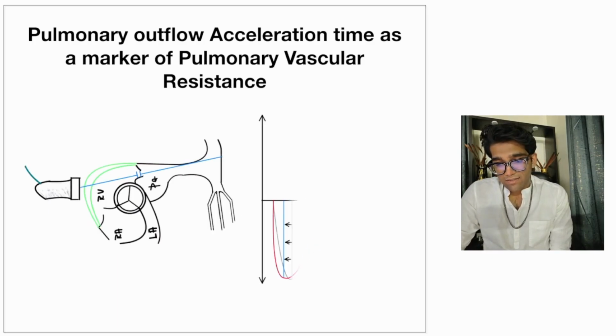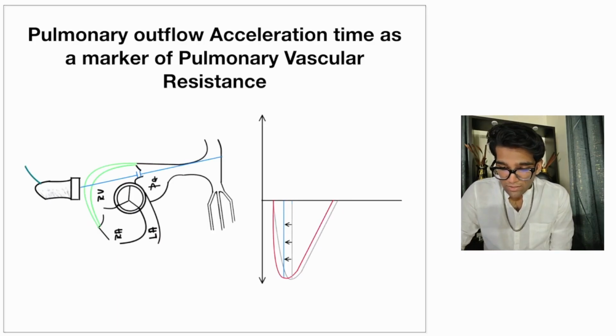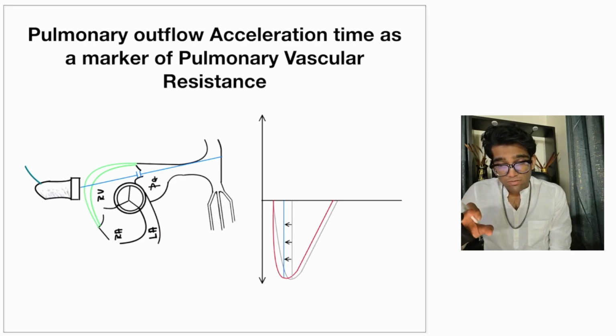As a result, in order to maintain a constant stroke volume of the right ventricle, the right ventricle is forced to accelerate the blood much faster. Therefore, the slope actually becomes steeper.